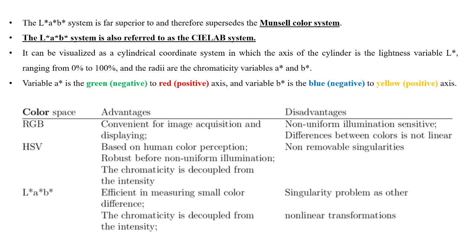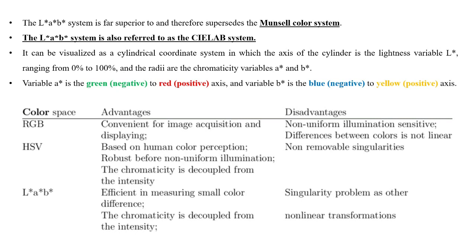Like that we have L star, a star, b star. We also call this color space the CIE Lab color parameters. Here we have divided the color into a three-dimensional space. I'll show you how these color parameters describe the color of an object in the coming slide.